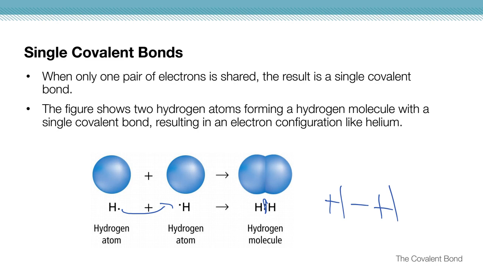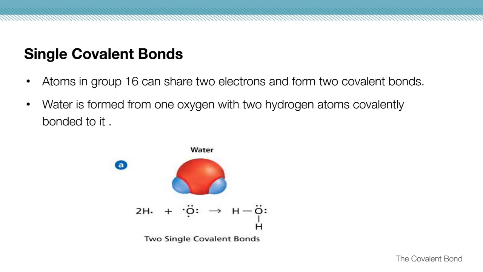Here's a single covalent bond that doesn't include hydrogen, which is our exception that only needs 2. Oxygen needs 8, like most of our other atoms do. But it only has 6 electrons because it's in group 16. So what we could do, since this atom has 6 valence electrons, and it's water, so it's bonding with hydrogens.